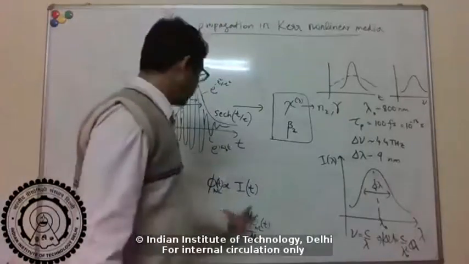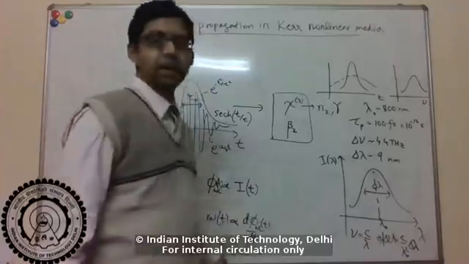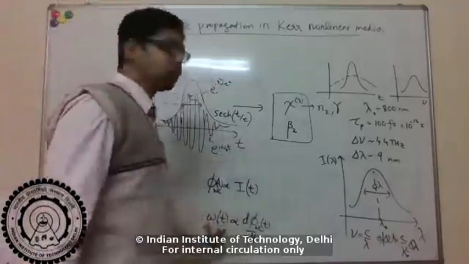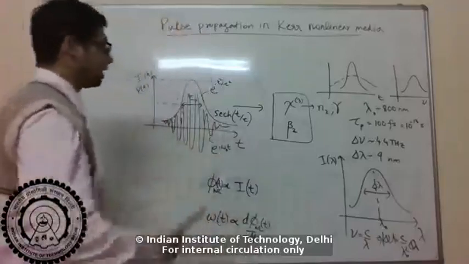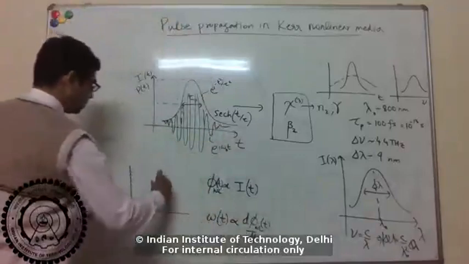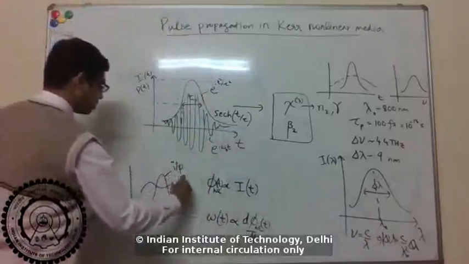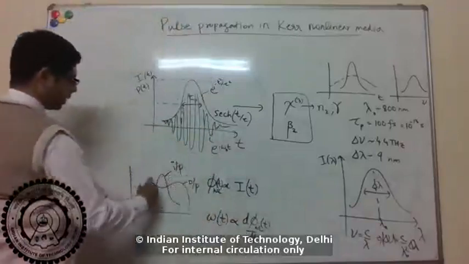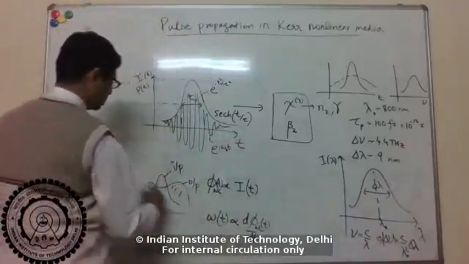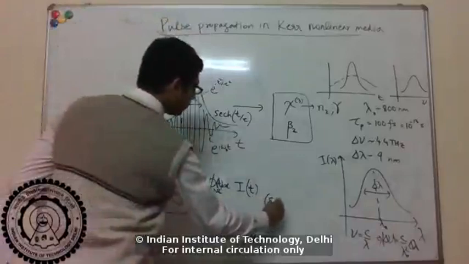So we are introducing new frequencies because this phase is now time-dependent. Depending on the pulse shape and the intensity, we'll introduce new frequencies. So if you look at the spectrum, if you have some input spectrum, then you could get broadening in the spectrum because of the introduction of these new frequencies, due to self-phase modulation.